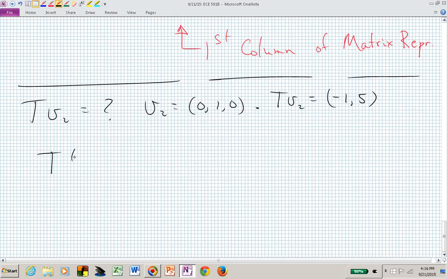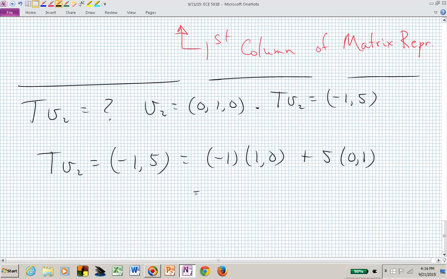So that now TV sub 2 is minus 1, 5, or that's minus 1 times 1, 0, plus 5 times 0, 1. Or that's minus 1 times W1 plus 5 times W2.